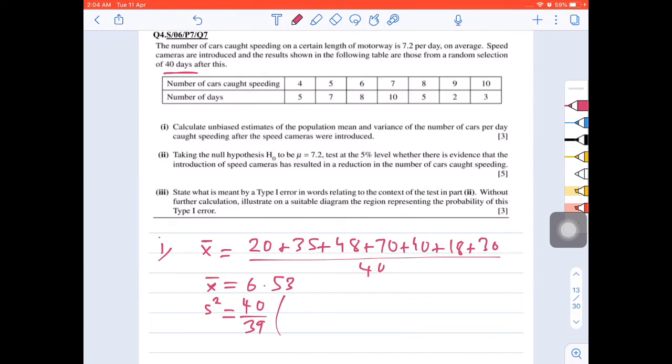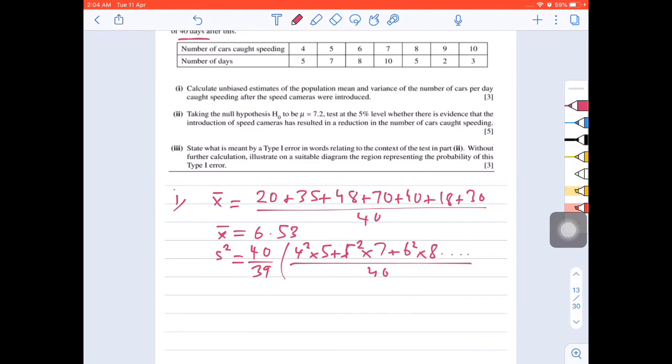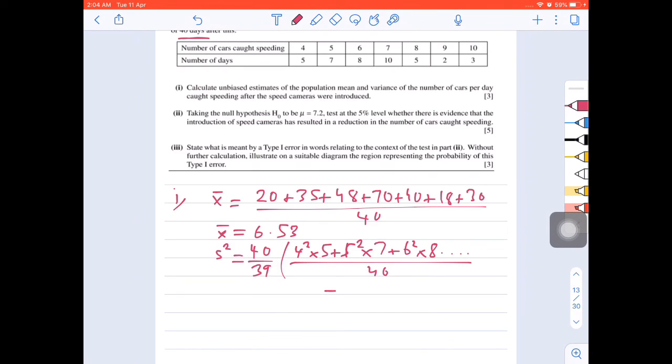Now sigma x square will basically be 4 square, because that is the value of x, and then the frequency is 5, times 5, plus 5 square times 7, plus 6 square times 8, and so on, upon 40, minus 6.53 squared.